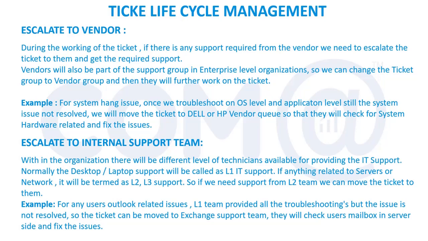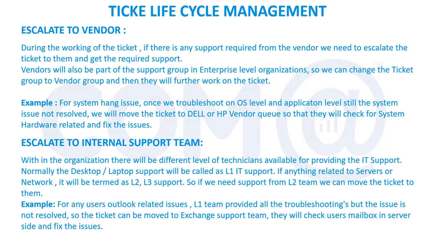Suppose you are working for desktop support and there is an issue in the Outlook mailbox, the user's mailbox. You are trying to fix the issue in the mailbox, but nothing can be done from the desktop side. We can only do the Outlook client configurations.